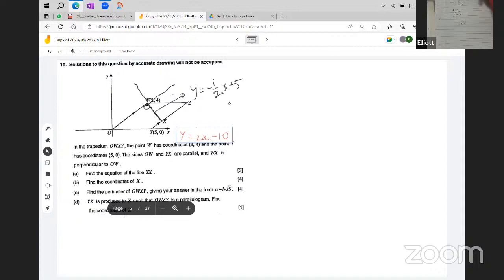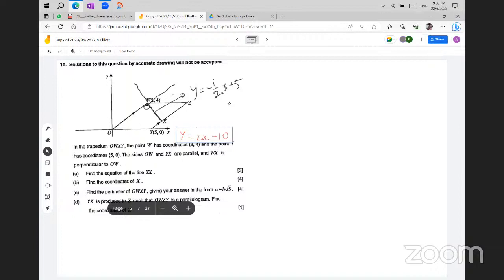So how do we find x if we have these two lines? Basically, simultaneous equation. Why is it simultaneous equation? Because the lines, what's that word? Intersect. Point x is the intersection, right?